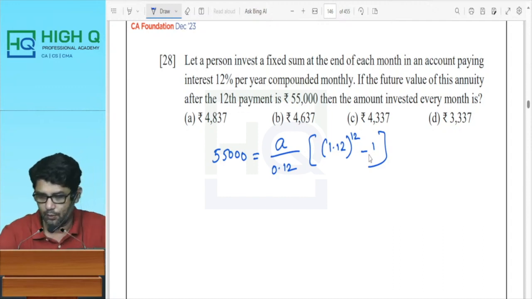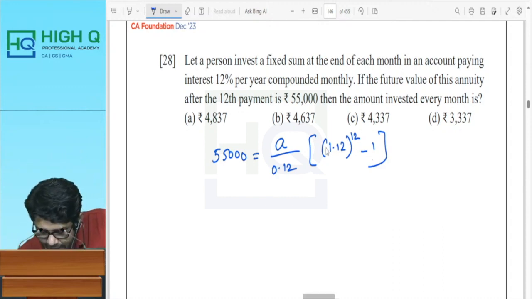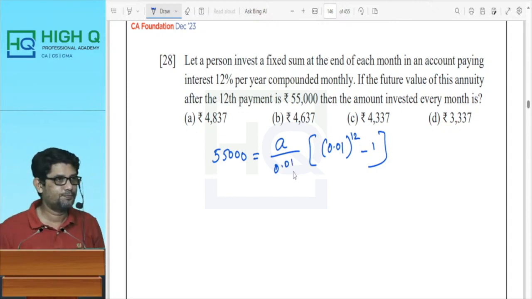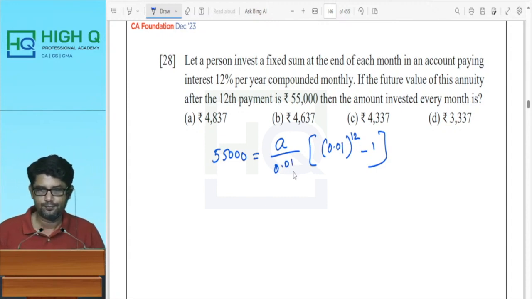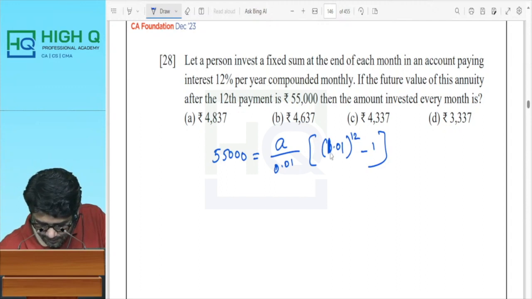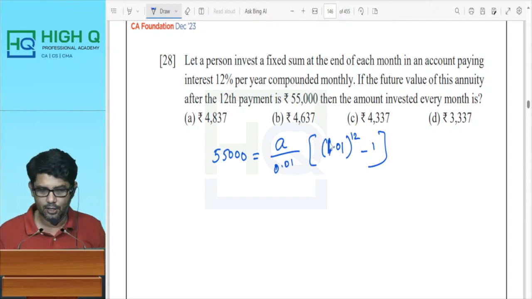Oh, 0.01. Yeah, yeah. Arey yaar, again and again, what mistake I'm committing. Because 12% per year, it is 1% per month. Okay, Vidur. 1 point. Arey yaar. Today, how many mistakes, man? 1.01 the whole power 12.